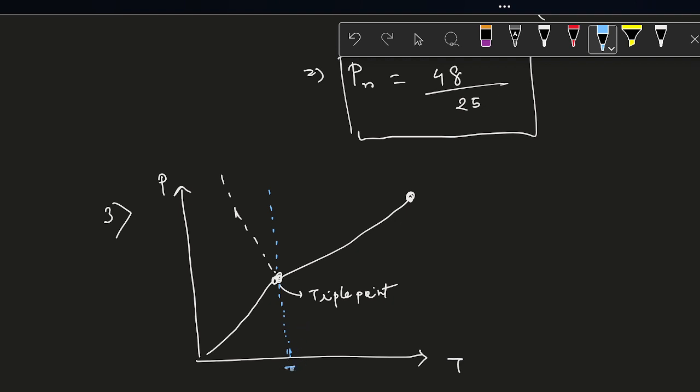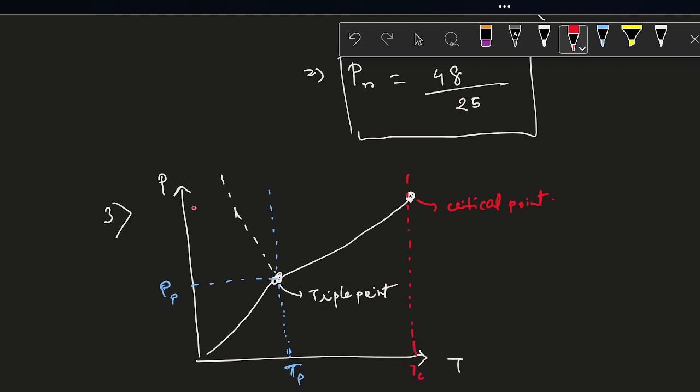So this is your triple point temperature, let's say T subscript P, and on the pressure axis it will also be P subscript P, the triple point pressure. Also this one here is your critical point, and if you mark this one also, you'll get a certain critical point value of the temperature and pressure.